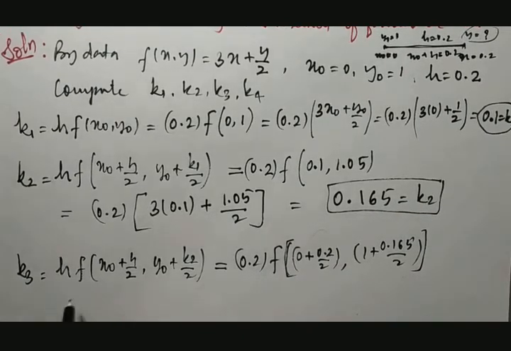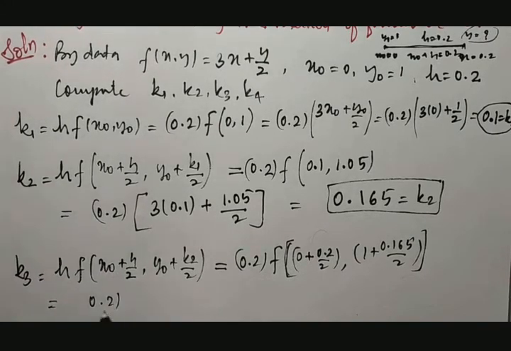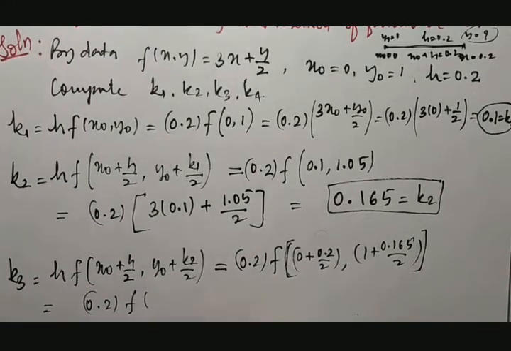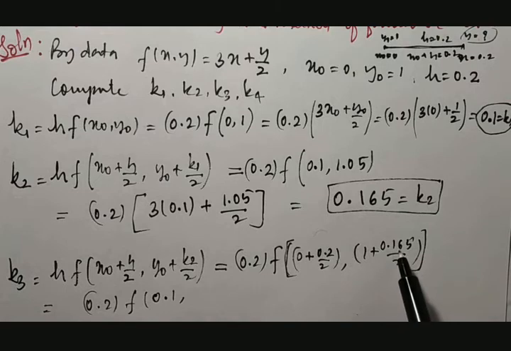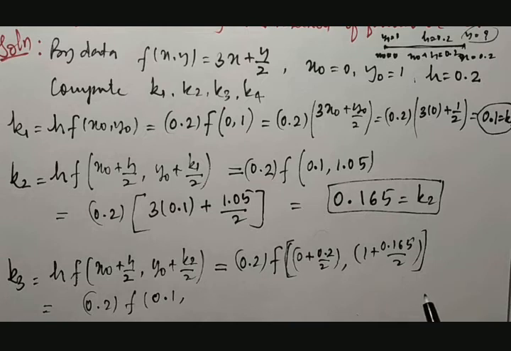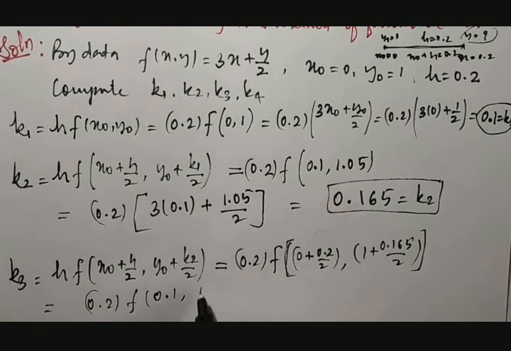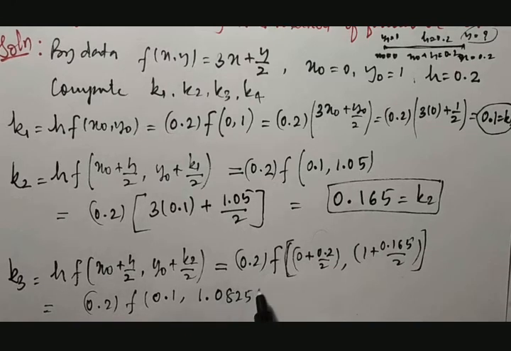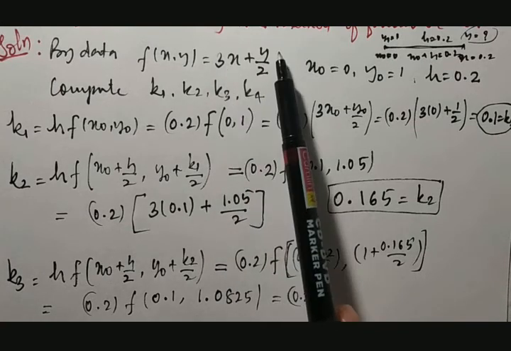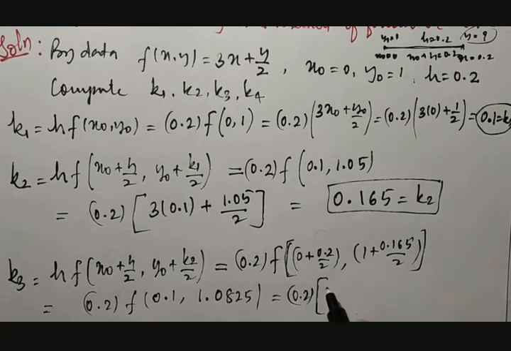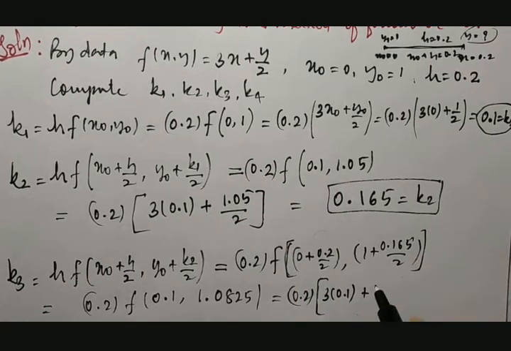So this is equal to 0.2 into f of 0.1 comma 1.0825. Using the functional value 3x plus y by 2, it is 0.2 into 3 into 0.1 plus 1.0825 divided by 2.